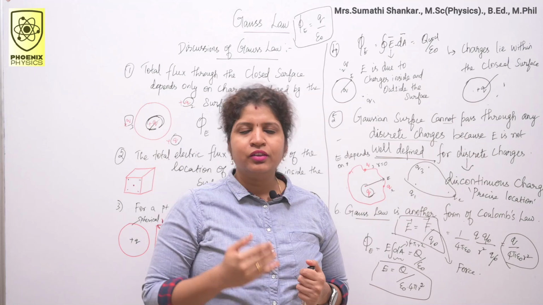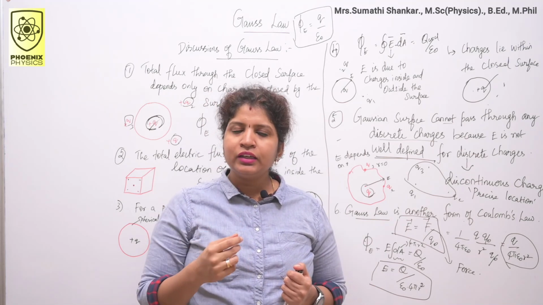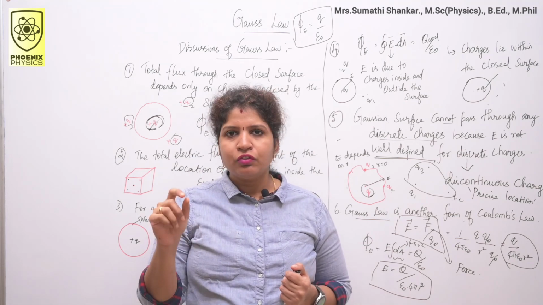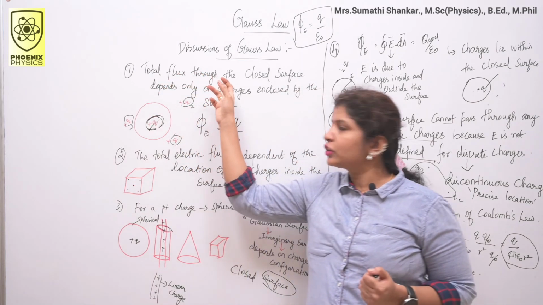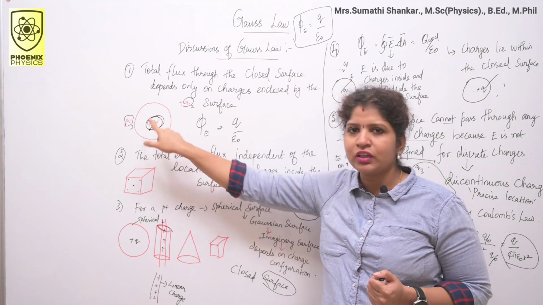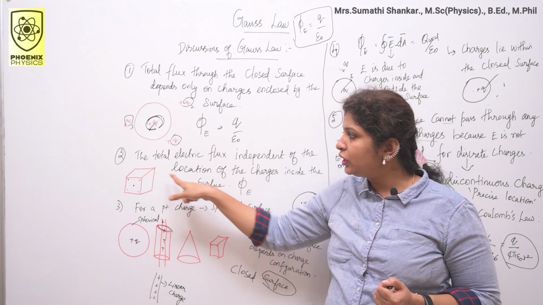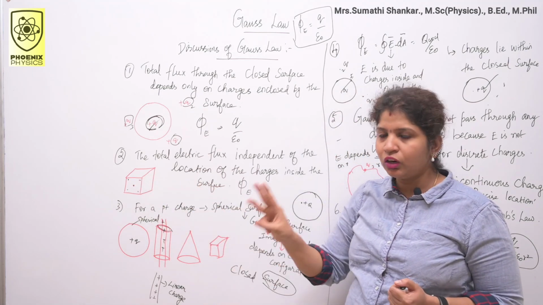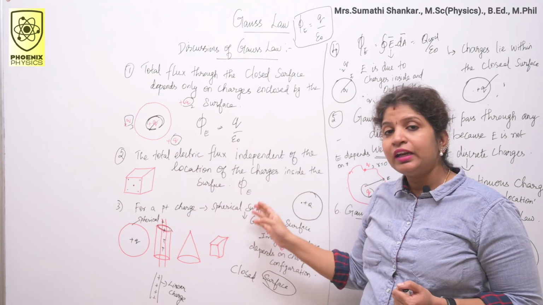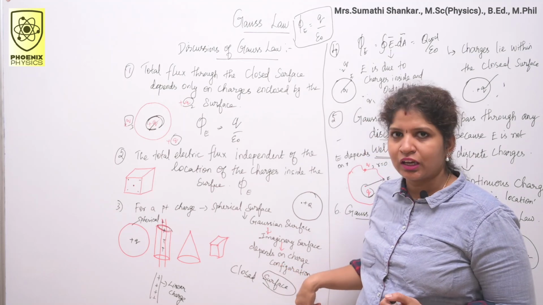In this class, we discussed what Gauss law is. Then we discussed six important points. The first one is that the total flux through the closed surface depends only on the charges inside the surface. And this total flux is independent of the location of the charges. Third one, this spherical surface is called a Gaussian surface. It is an imaginary surface. It depends on the charge configuration.